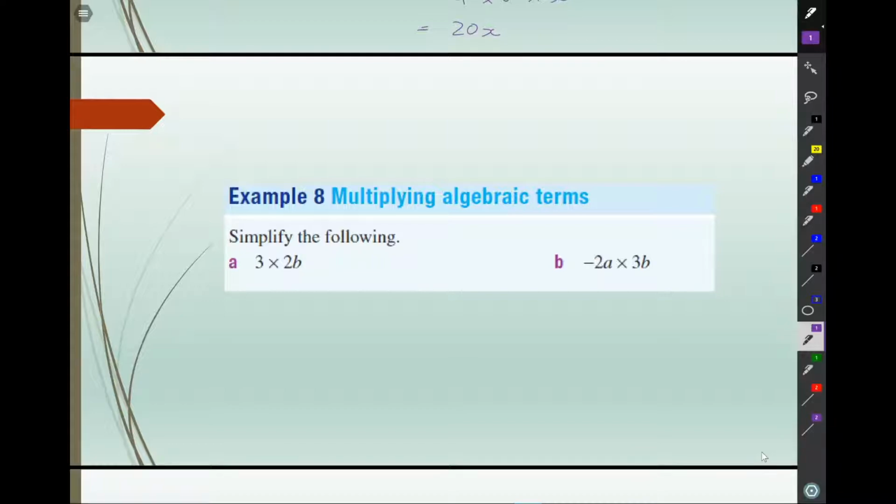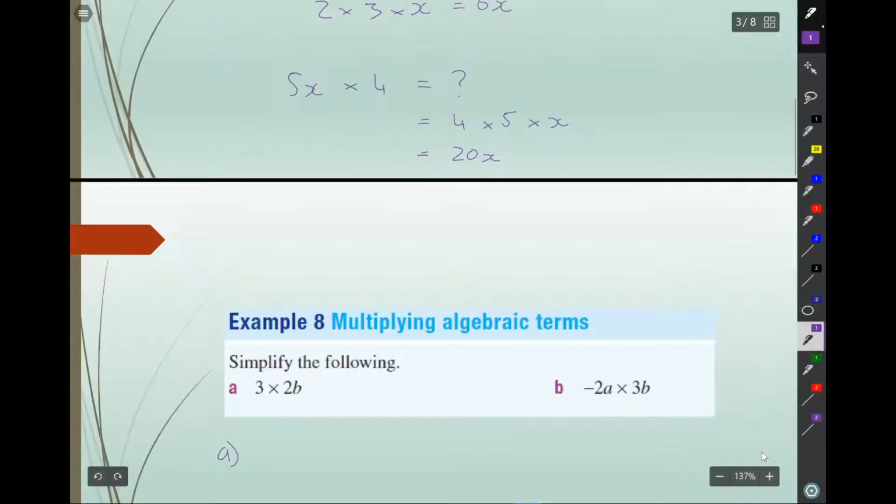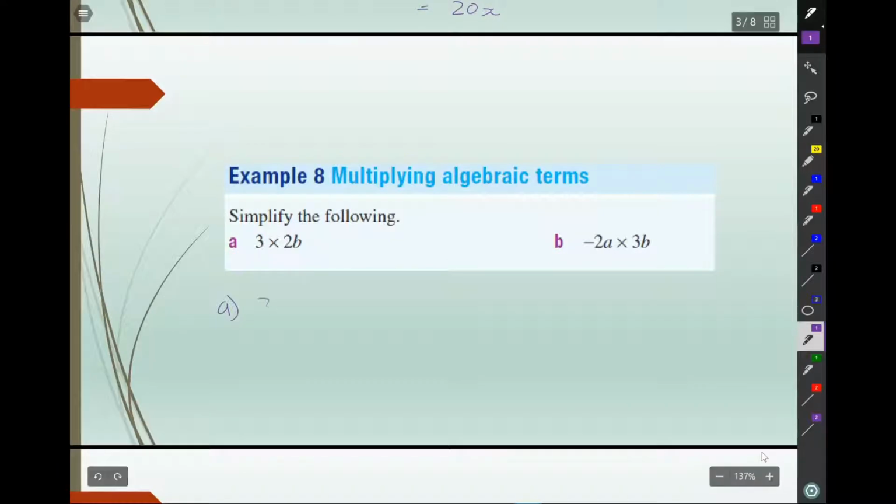Okay, so these work exactly the same way as that example I just did up here. We've got 3 times 2b, so we're going to break that down. 3 times 2 times b is 6b. When we have two different letters, the process doesn't change.